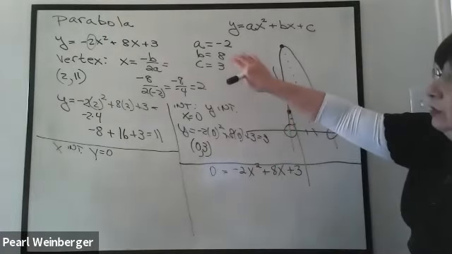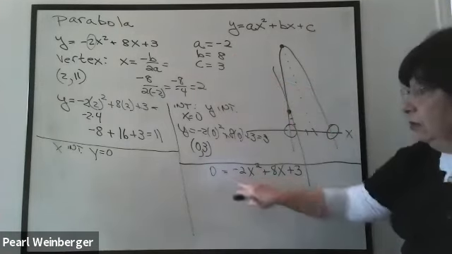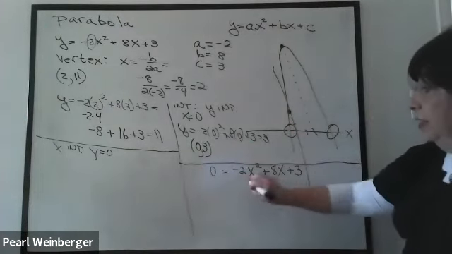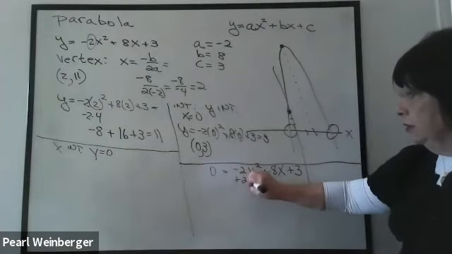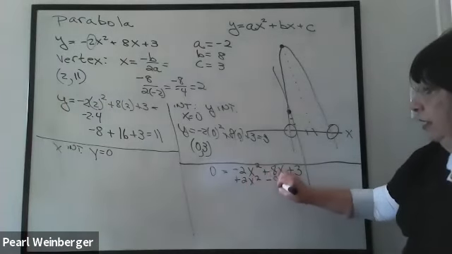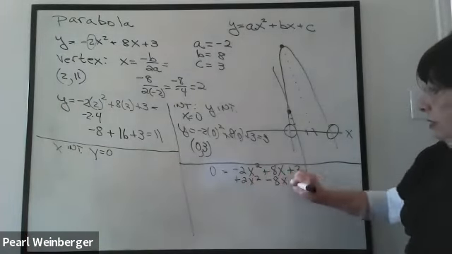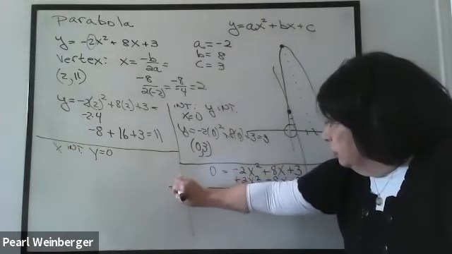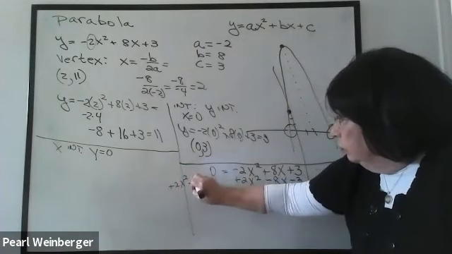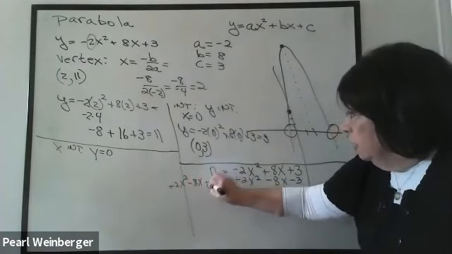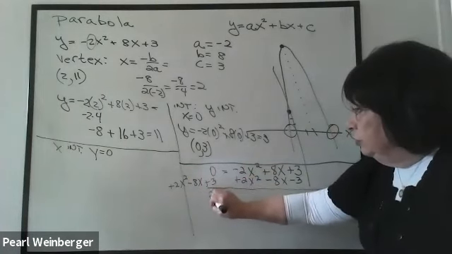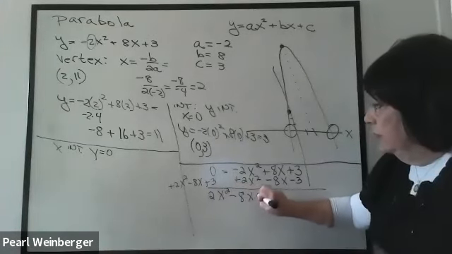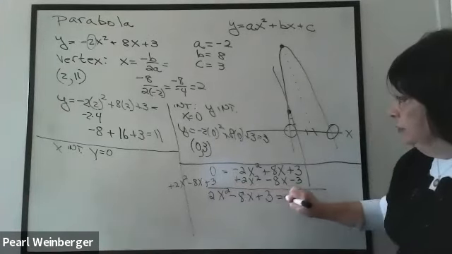Now, I can't do it when I have the parabola because it's not equal to 0. But when it's equal to 0, I could just bring everything to the left side. In other words, add 2x squared, subtract 8x, and subtract 3, and do the same thing over here, so that we end up with the equation 2x squared minus 8x plus 3 equals 0.